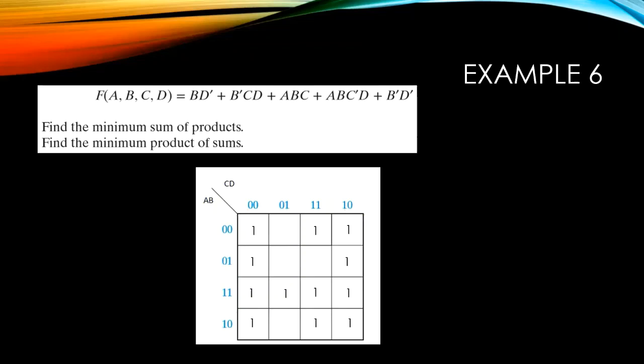So what is the biggest group? It is a group of 8: the first column and the fourth column. How about the others? Definitely, we don't have another group of 8, so let's proceed with the group of 4. A group of 4, another group of 4.